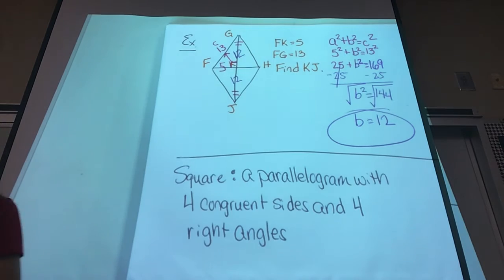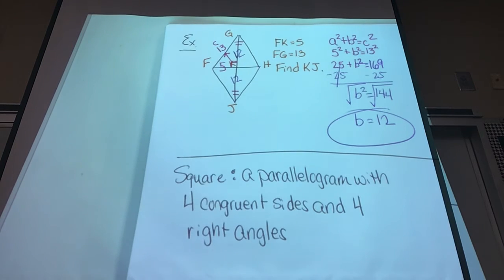So if you get a problem that's got a square, then you pretty much know that every side is going to be the same and that every corner is going to be a right angle. And then from there you should be able to solve.